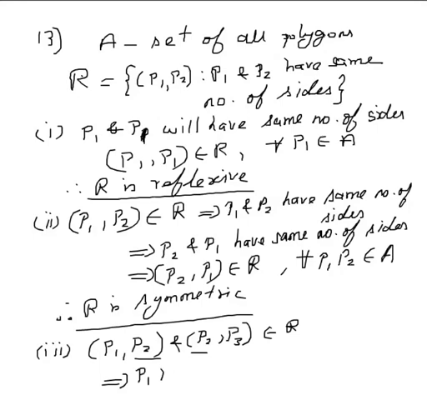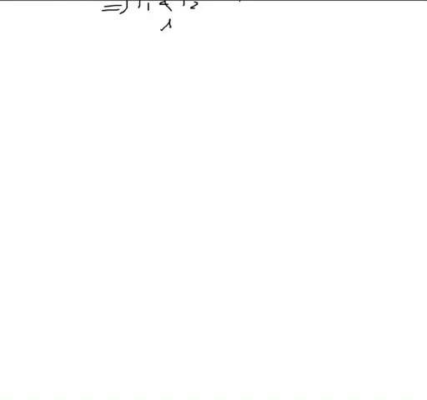That means P1 and P2, and P2 and P3 have the same number of sides. So P1 and P2 are having the same number of sides, P2 and P3 are also having the same number of sides.